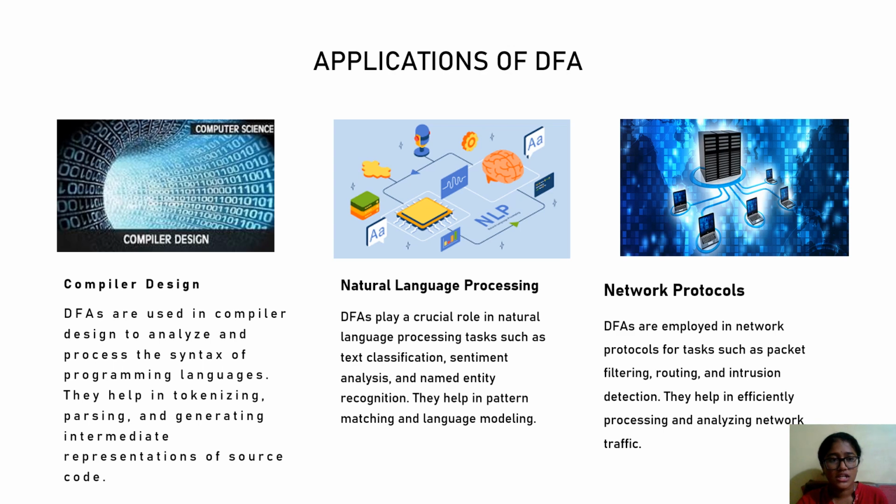Natural language processing: DFAs play a crucial role in language processing tasks such as text classification, sentiment analysis, and named entity recognition. They help in pattern matching and language modeling. Network protocols: DFAs are employed in network protocols for tasks such as packet filtering, routing, and intrusion detection. They help in efficiently processing and analyzing network traffic.